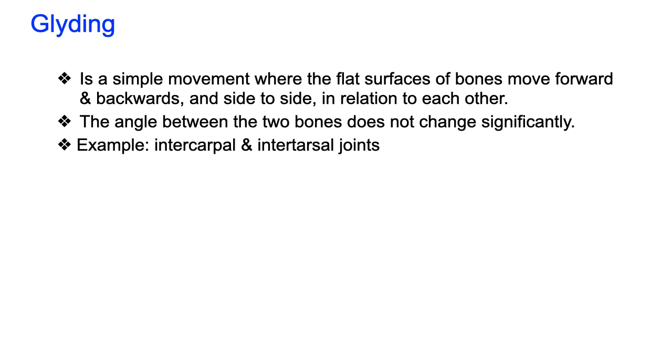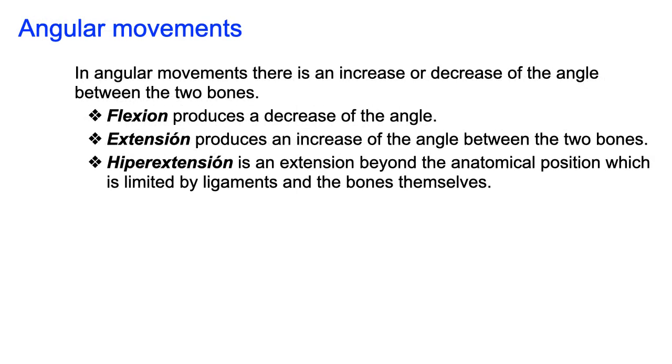First is gliding, which is a very simple movement where 2 flat surfaces move in relation to each other. An example are the 8 bones in your wrist. Then in many cases, two bones move, changing the angle among them.